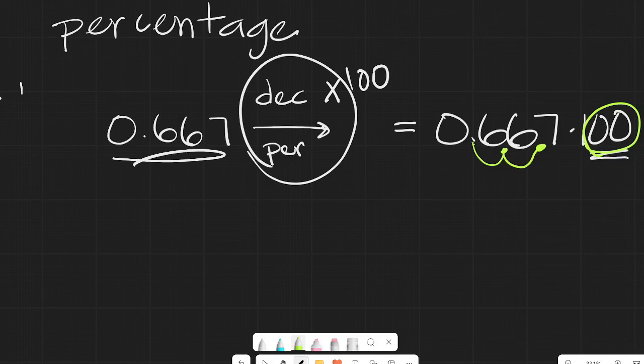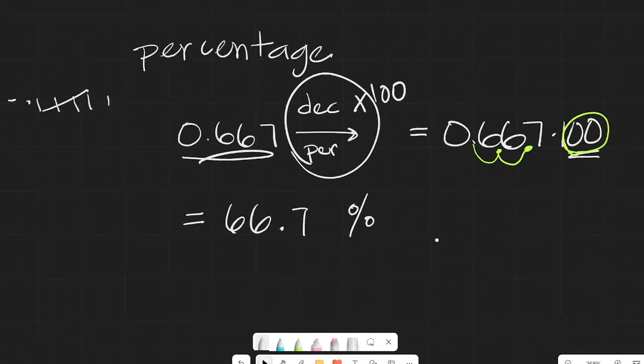And that gives you your answer in percentage form. And if you can work that out before I write it down, bonus points. And don't forget your symbol. You have to tell people you're talking about percentages. Otherwise, things can get really confusing, and it's no good for anybody involved.